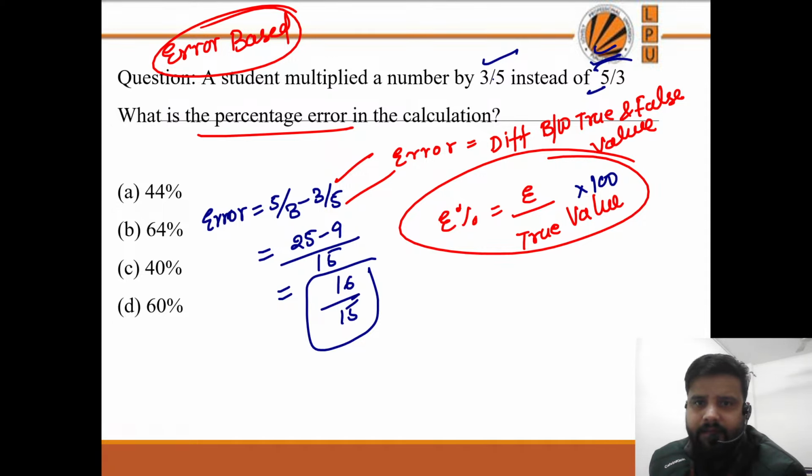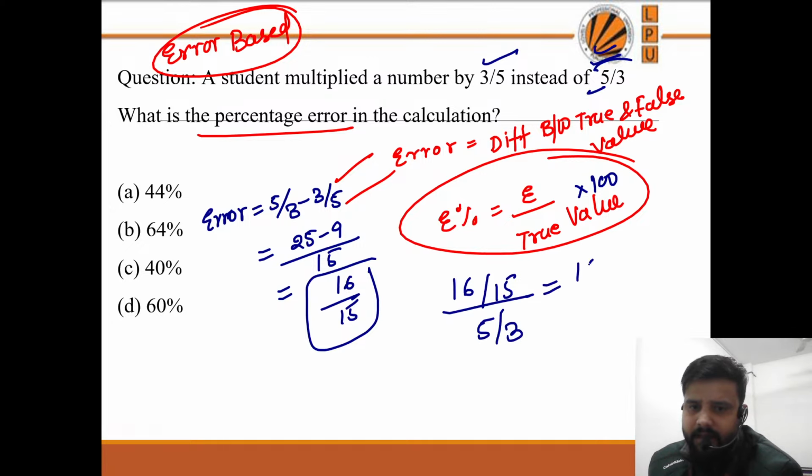Ideally, 16 by 15 divided by 5 by 3. So here it will be 16 by 15 into 3 by 5, and multiplied by 100 for percentage. So 25 will cut at 4 times, so it is 64%.